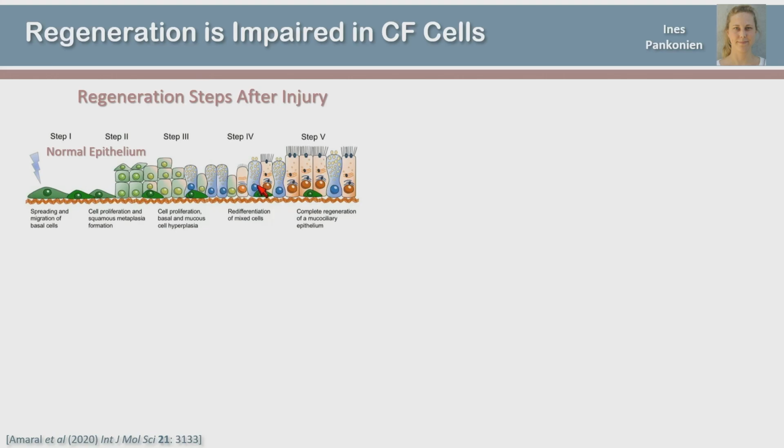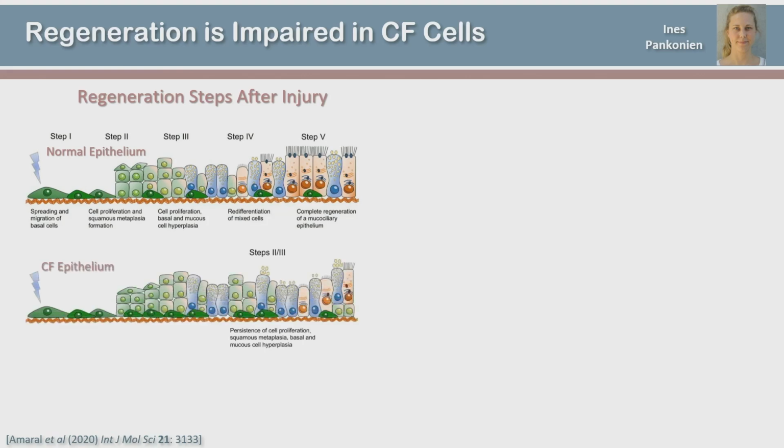And this is, here what I'm showing is airway epithelium. And in step 5, there is complete regeneration of the epithelium that was injured. And of course, there is mucociliary clearance and all the properties.